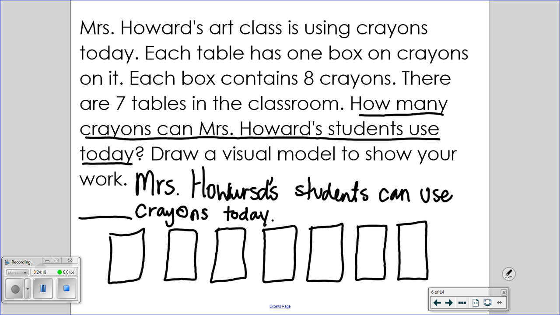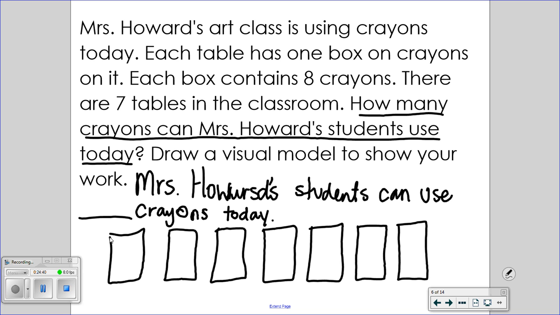Now I have some things inside that group, or in this case, on top of that group. What is in or on my table? Ella Harris? Crayons. How many crayons? 8 crayons. So I'm going to go through and put 8 dots.